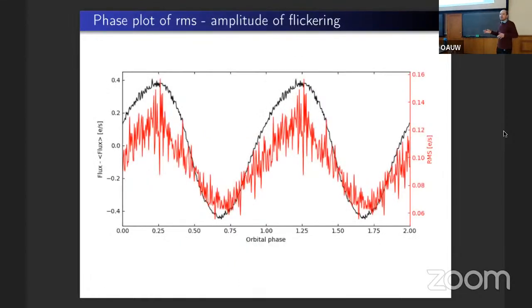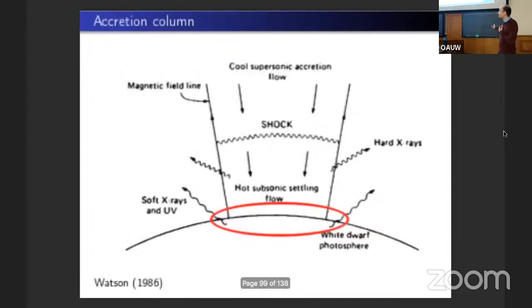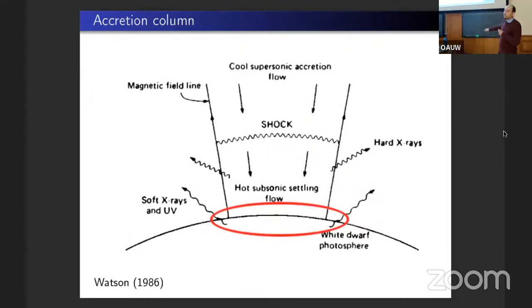And the same I observed for many of my polars. So previously, a similar thing was only done for one object, but I see the same for many of my polars. And based on that, what Bruch suggested is that the flickering originates at the bottom of the accretion flow, because this is where the white dwarf heats up, so the main source of light in the system.